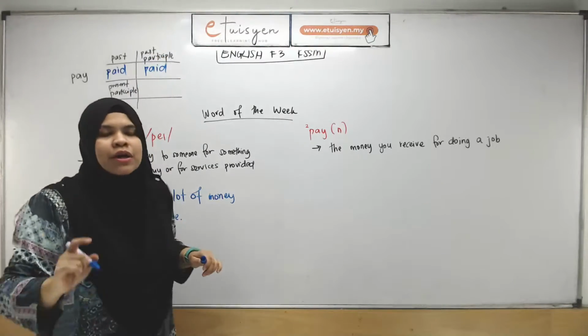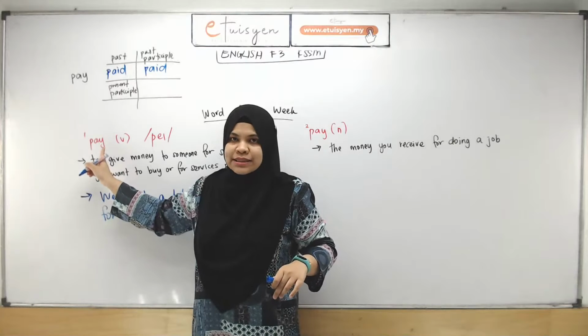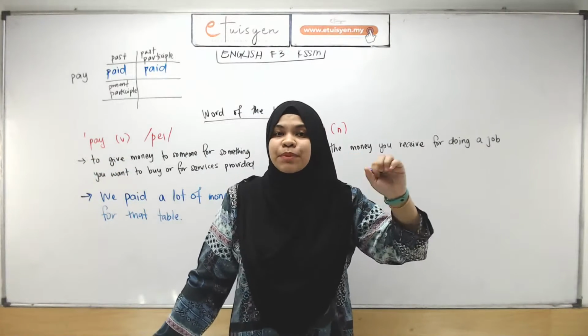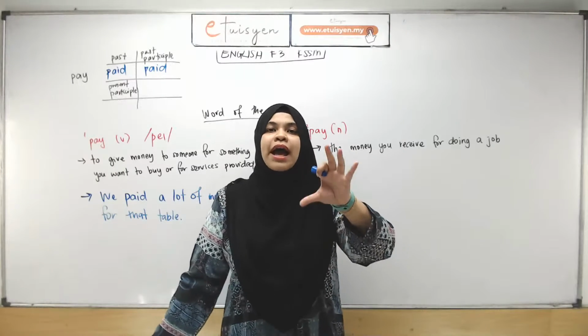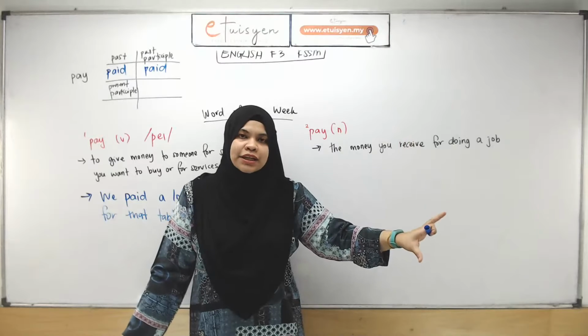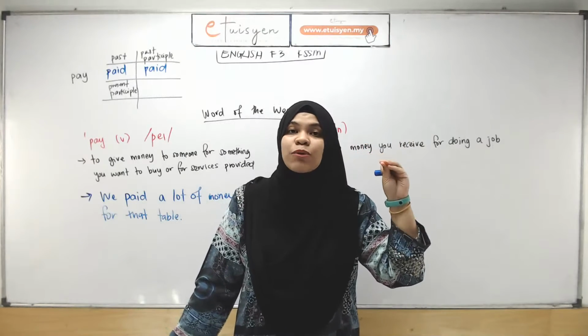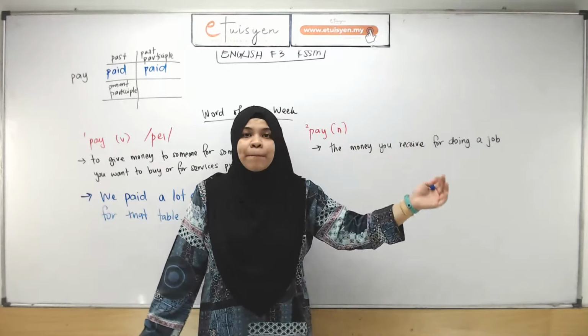So if you use the word pay in the past participle or past perfect, we have covered this in the grammar. Past perfect is when you have done a certain action, but you are not able to specify exactly when. This is one of the situations. It means you will use have.